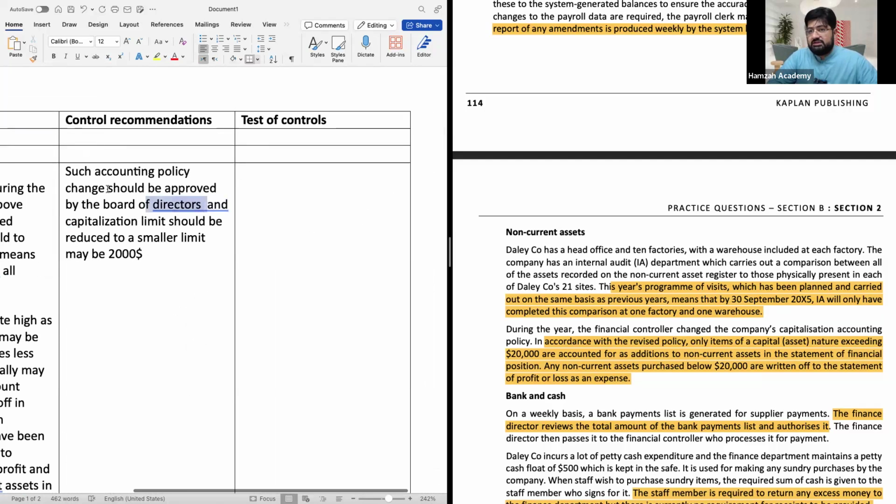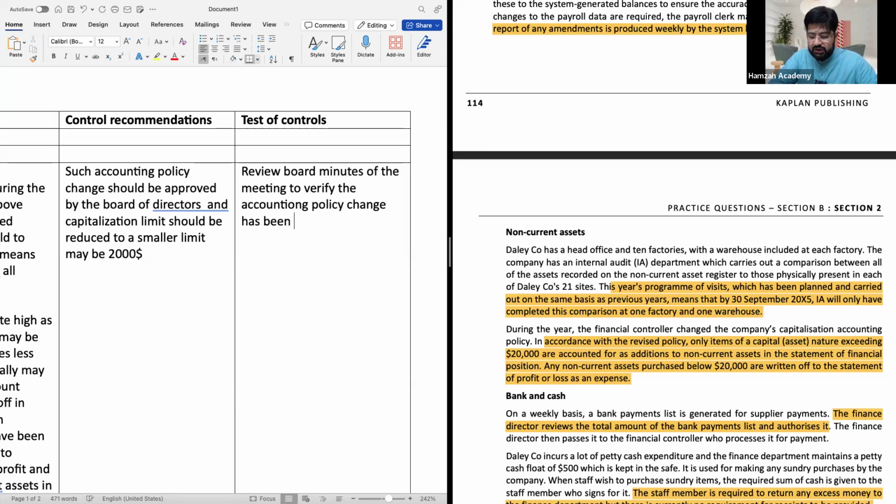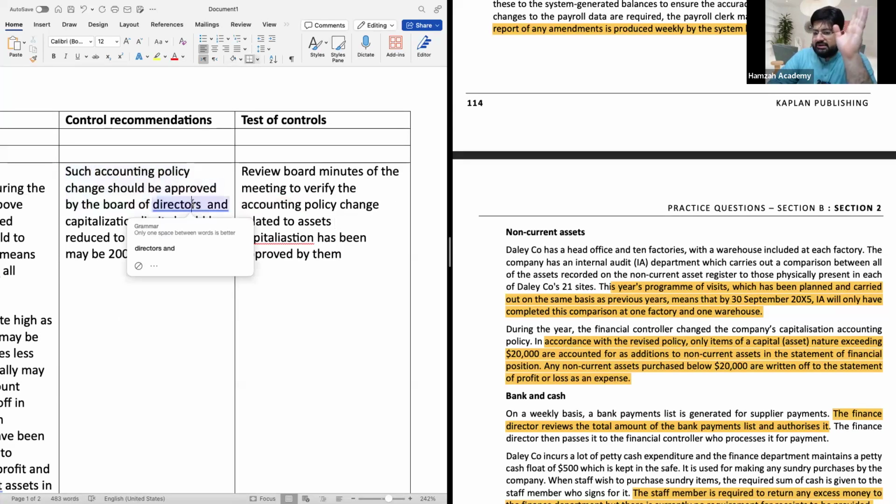So now there are two things, 1 and 2. Test of control can be written on both. Review board minutes of the meeting to verify the accounting policy change related to assets capitalization has been approved by them. Now, we assume it is implemented, and now we are checking it.